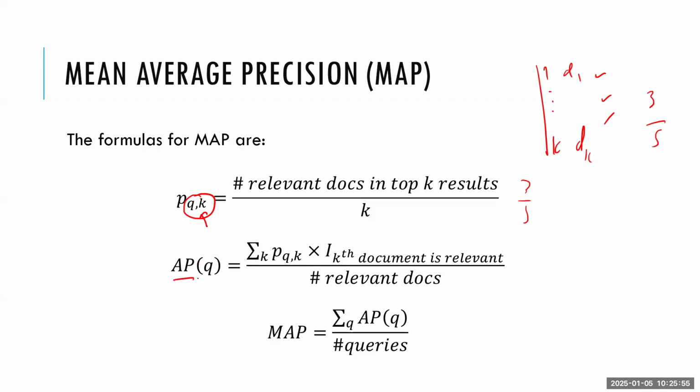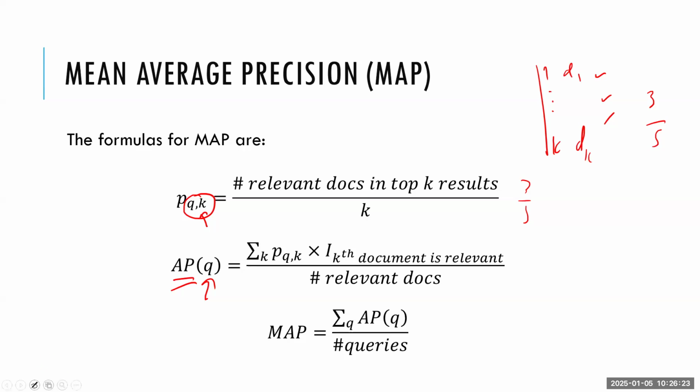And then for the AP, the average precision. Now this average precision is defined on the query. So for this particular query, you give me a list, and I sum the precision of each rank.